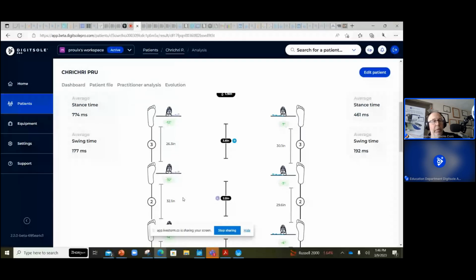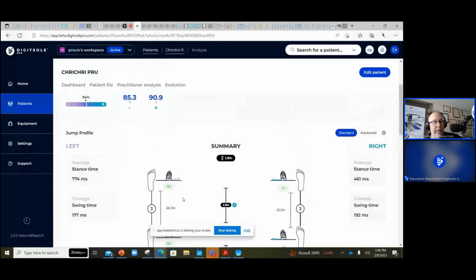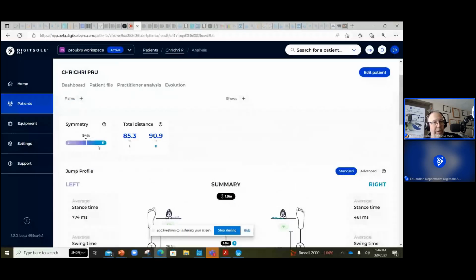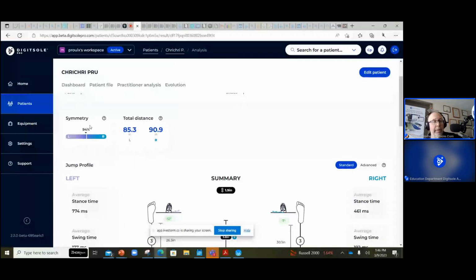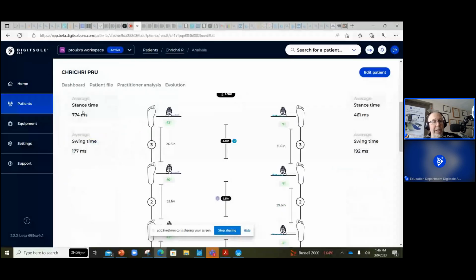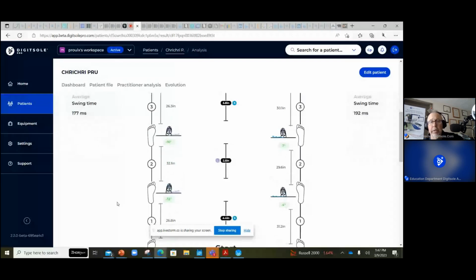So even though there was only a 6% difference, which previously, if that's all we were looking at was the distance, most people would say, okay, that's normal. It's actually not normal. That's a very significant difference between stance time. So their ability to react to landing and then taking off again very quickly is not very good.